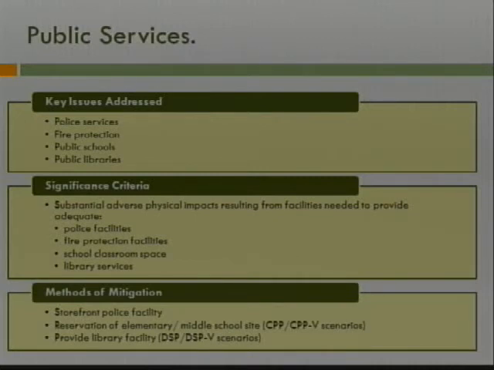We'll talk about what that means in terms of number of beats in the city. Another mitigation is reservation of an elementary and middle school site in the community prepared plan. And we'll talk about why a reservation of a site would be necessary for a plan that has no residential, because under state law, there's an alternate way of registering your kids for school.